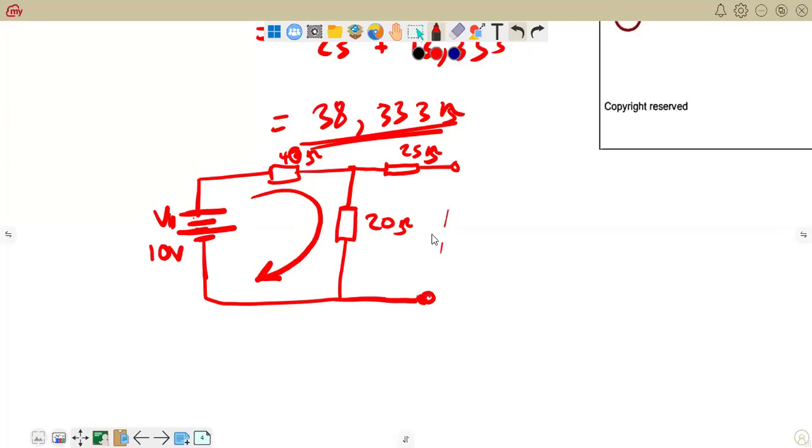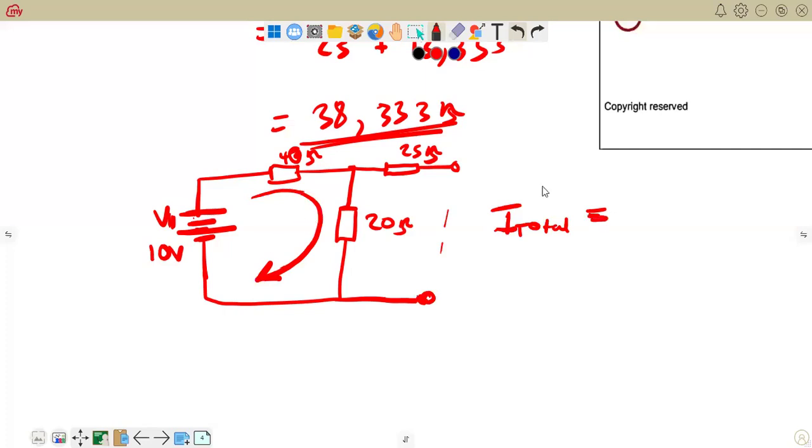All the current has to take this route. So when we are calculating I total, the total current of our Thevenin equivalent circuit, this is the only path the current will take.